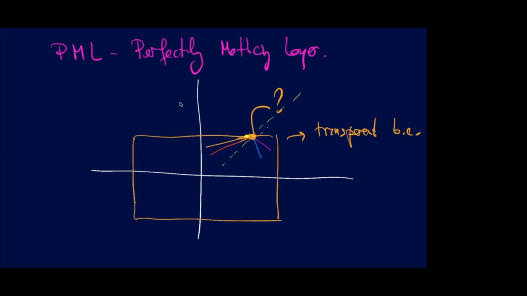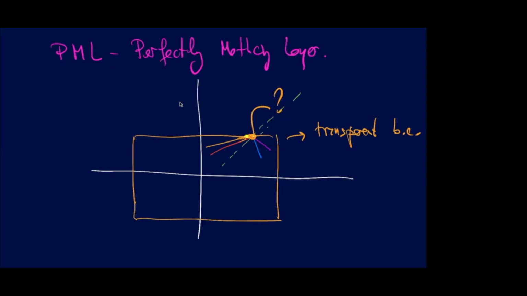So in 1D this is possible, but in multi-D, no, because even if you are sitting on a point of the boundary and you try to determine what is your transparent boundary condition on that point, what you see is that waves are coming in all directions, and there is no possibility of building one single boundary condition that is good for all of them.